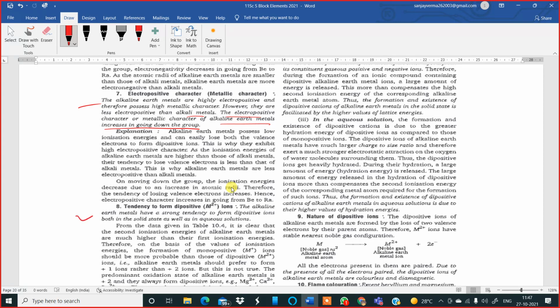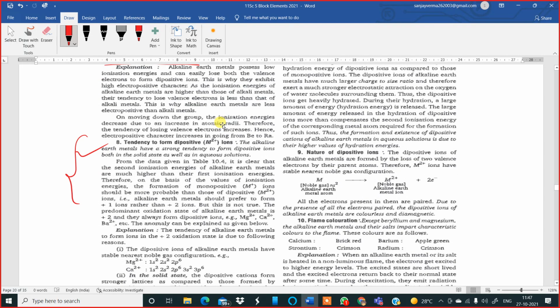Okay. Now, number 8, tendency to form dipositive ions. Alkaline earth metals have two electrons in their valence shell, and these two electrons can be easily given away to form dipositive ions. That's why they have a good tendency to form dipositive ions.